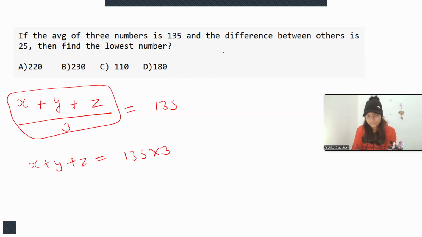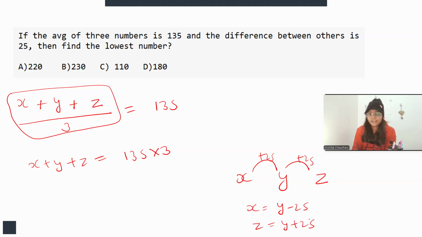Now what it is saying, and the difference between the others is 25, that means X, Y, and Z. So the difference is 25, plus 25, right? Now, if we find the value of X, X will become Y minus 25 and Z will become Y plus 25, right?